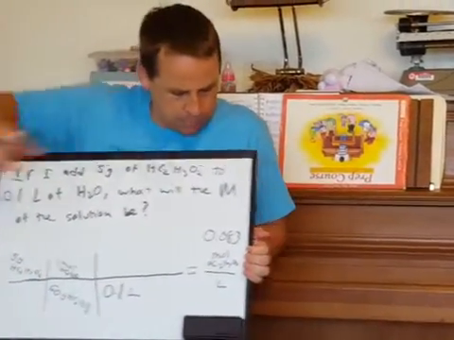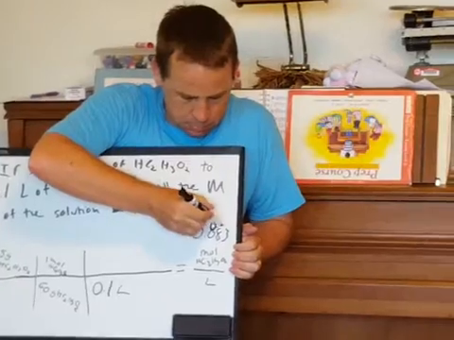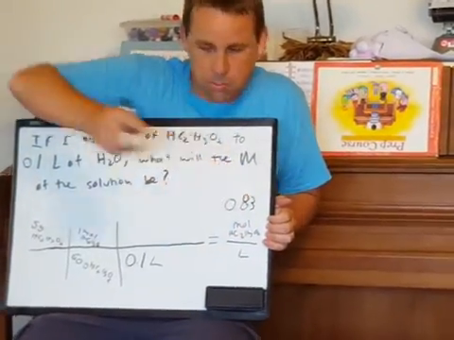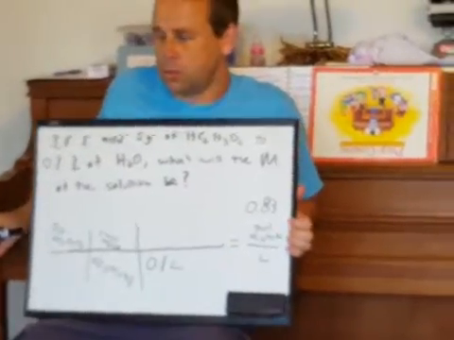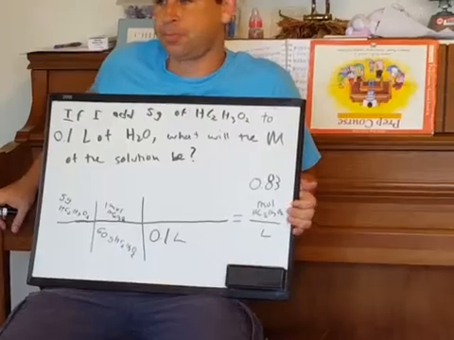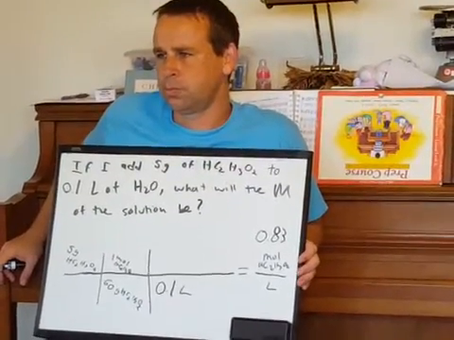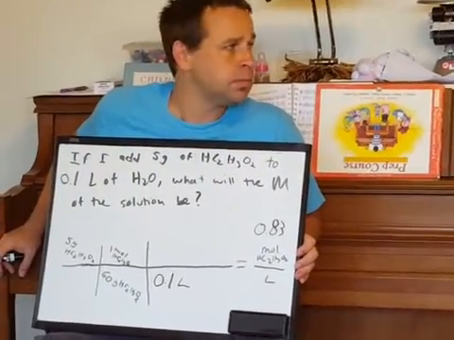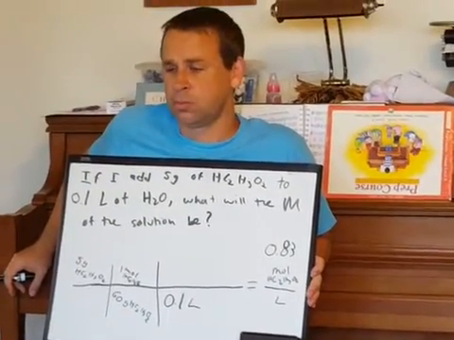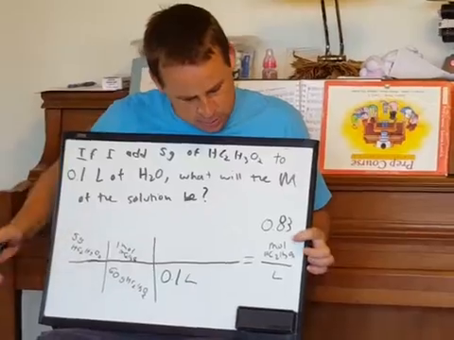So it's 0.833. 5 divided by 60 divided by 0.1.